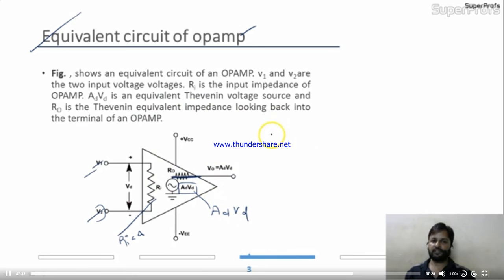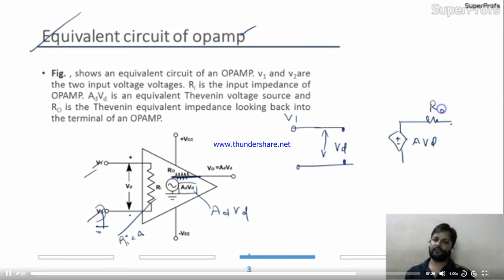If I show this circuit, it will look like this. Suppose we are doing this ground, so it will be V1. At the input stage, it's open circuit, so here it's VD only. See, this is the VD. Over here, plus minus AVD.